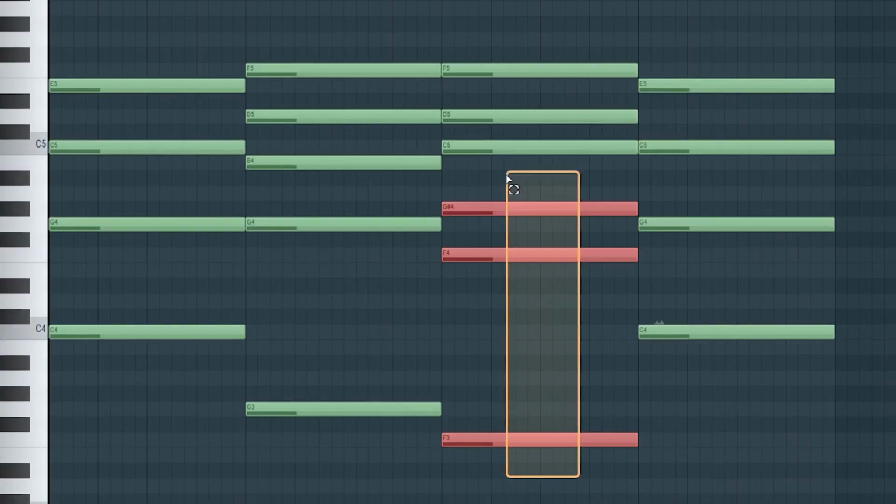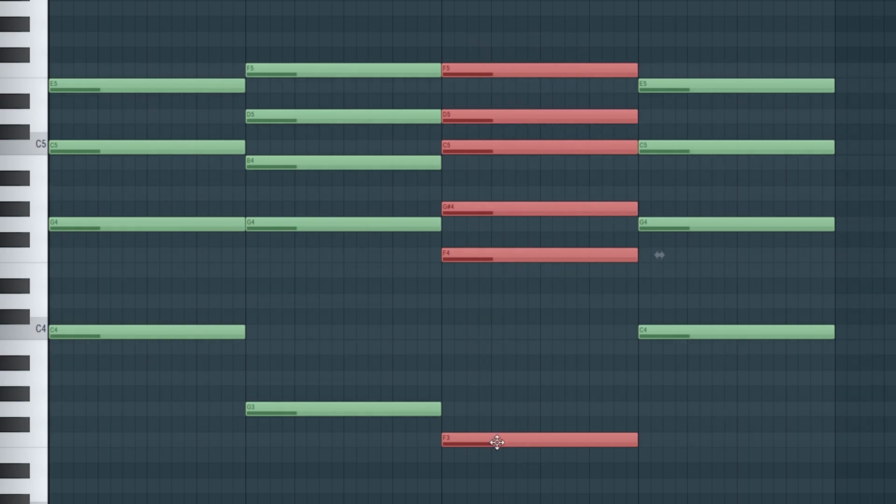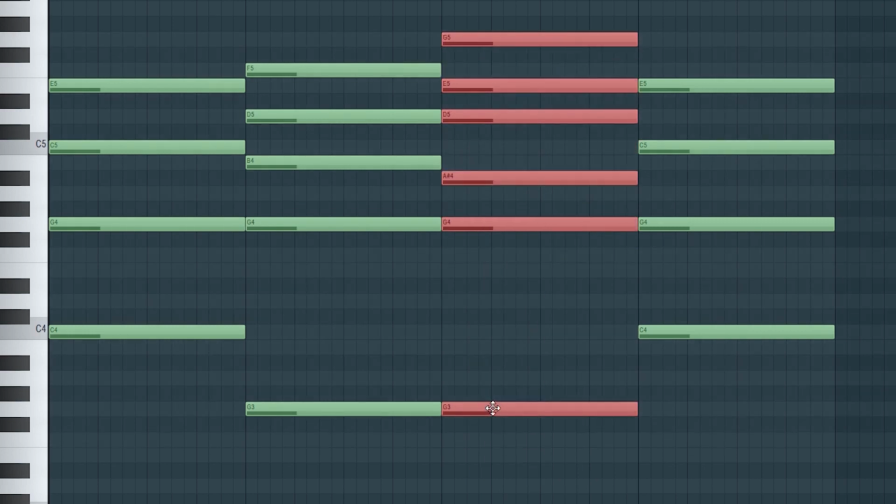So we can go and grab all of these notes and transpose it two semitones up. Let's hear it now. Sounds really interesting, right? So we can see that there are a couple of possibilities to borrow a chord from a parallel minor key, for example.